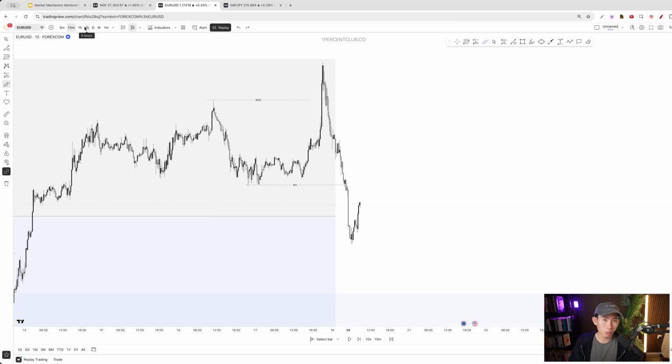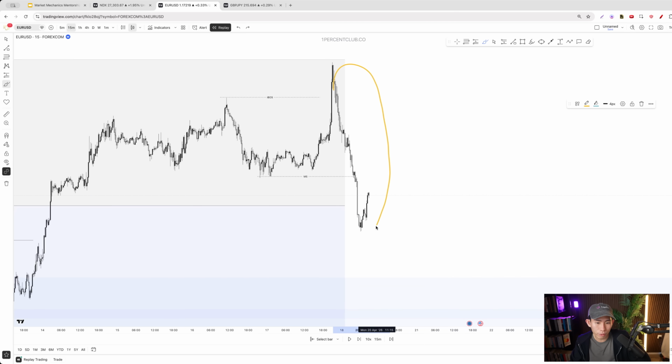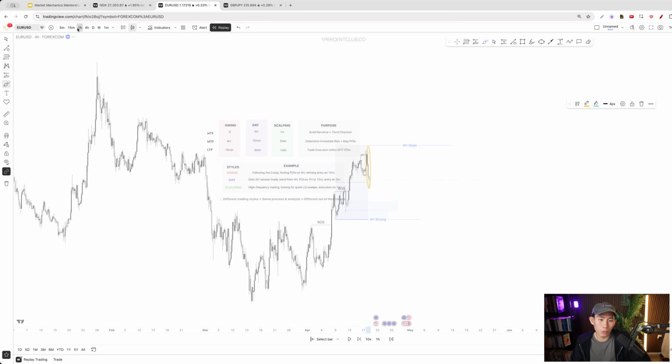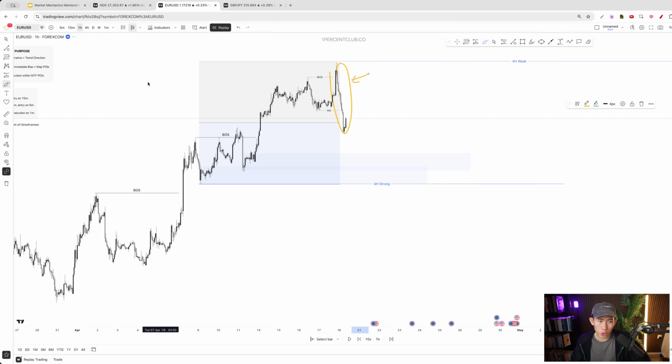Maybe it's a good time to look for shorts, at least short all the way till price comes down to the discount range or comes down to this demand zone or this demand zone right here. So this is how we can go about it if you want to trade counter trend, right? The reason why I say it's counter trend is because right now the lower time frame is bearish, but the higher time frame is bullish. So if you were to look for shorts, you are actually trading with the internal structure, but you're trading against the higher time frame swing structure itself.